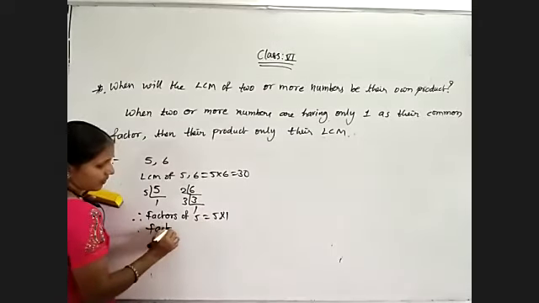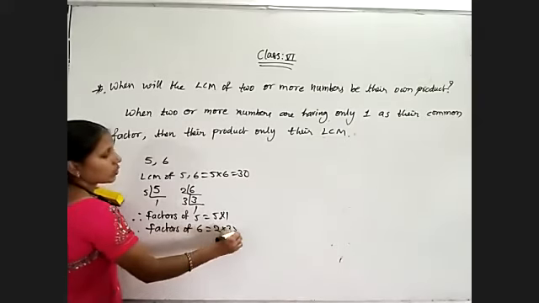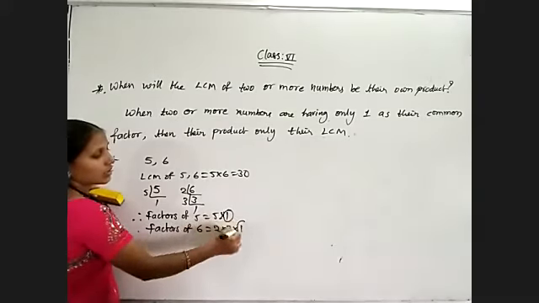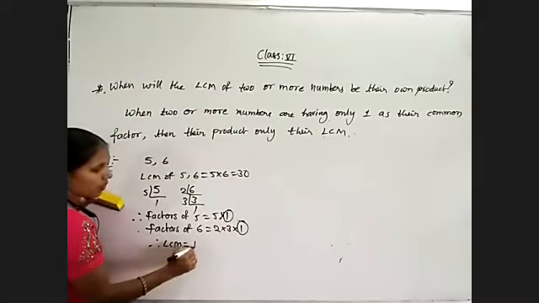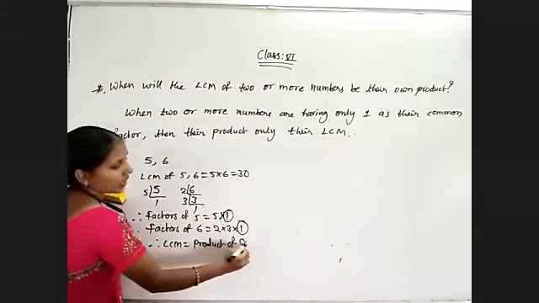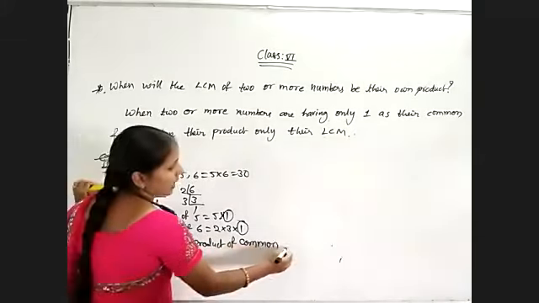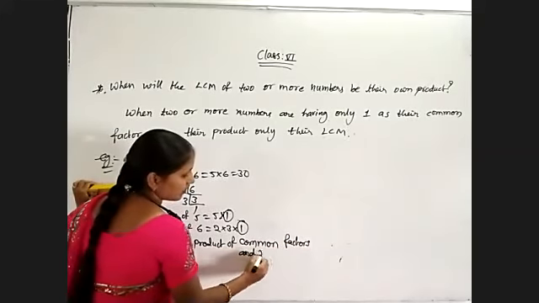Factors of 6 are 2 into 3 into 1. So what is the common factor? Only 1. Therefore, LCM is equal to the product of common factors and the remaining factors.